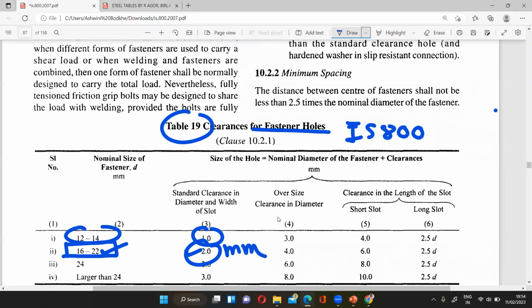On page number 73, you can see here minimum distance between centers. Distance between centers of fasteners shall not be less than 2.5 times the nominal diameter.